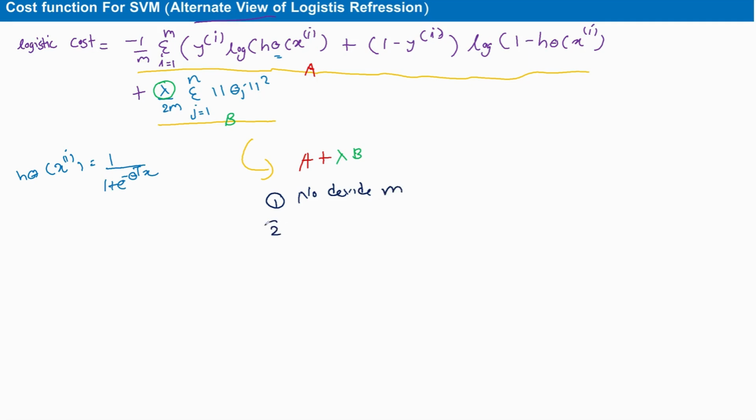And the second change is, instead of the regularization parameter gamma, it will use the parameter C, and this will be multiplied by the first term, means a.